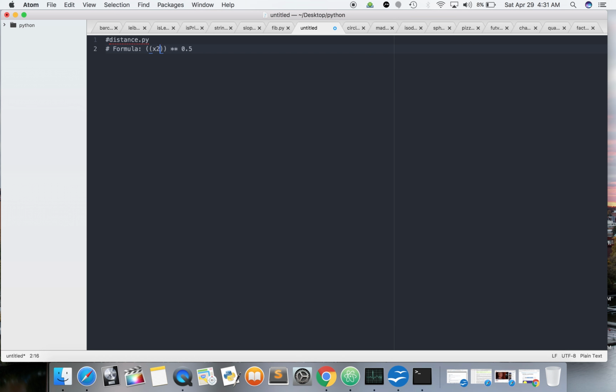It's going to be x2 minus x1 plus y2 minus y1, squared. And then take the square root of that. So we'll make sure we get all those right. I might be a little bit wrong on that, as far as the parentheses.